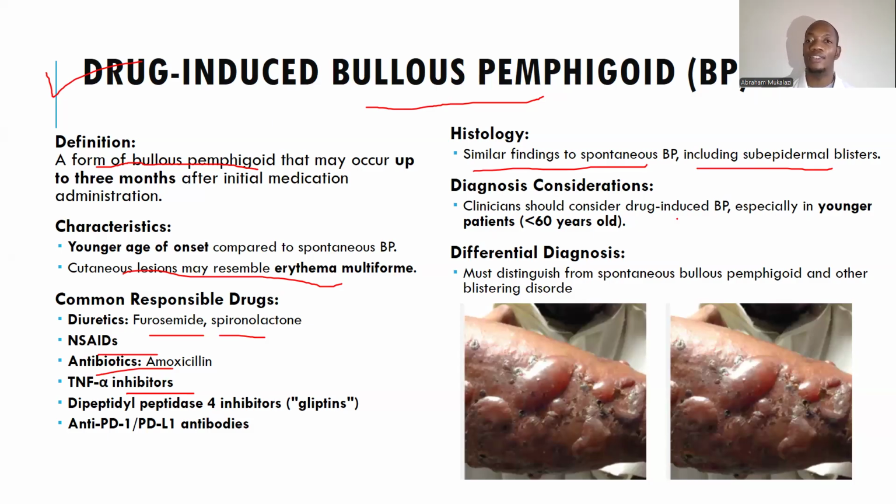Since it is a drug-induced reaction, it can even occur in young patients below the age of 60, whereas bullous pemphigoid usually occurs in patients who are much older, but still you cannot differentiate them clinically.